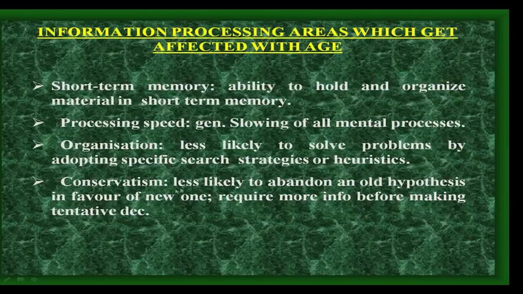Then conservatism: being less likely to abandon an old hypothesis in favor of a new one. It very often happens with people who have a high level of cognitive rigidity, but over a period of time, when you are habituated with a particular mode of behavior, you do not like to change that. So that gets affected when you come across new findings, new events.